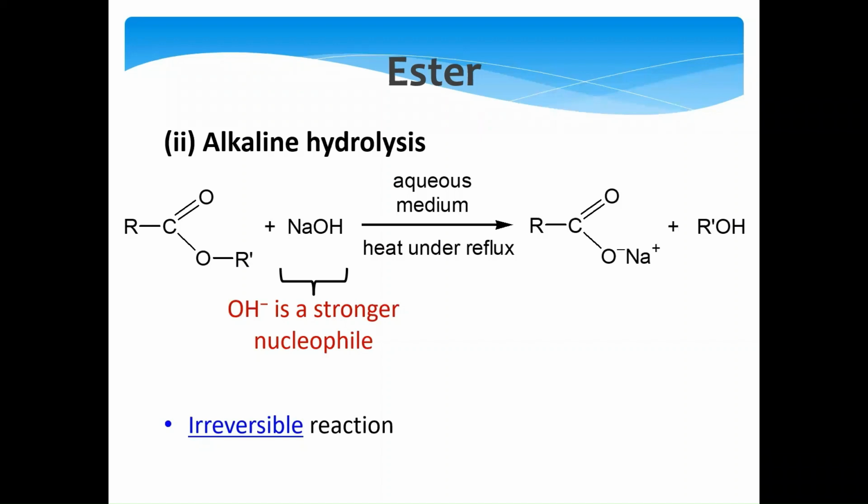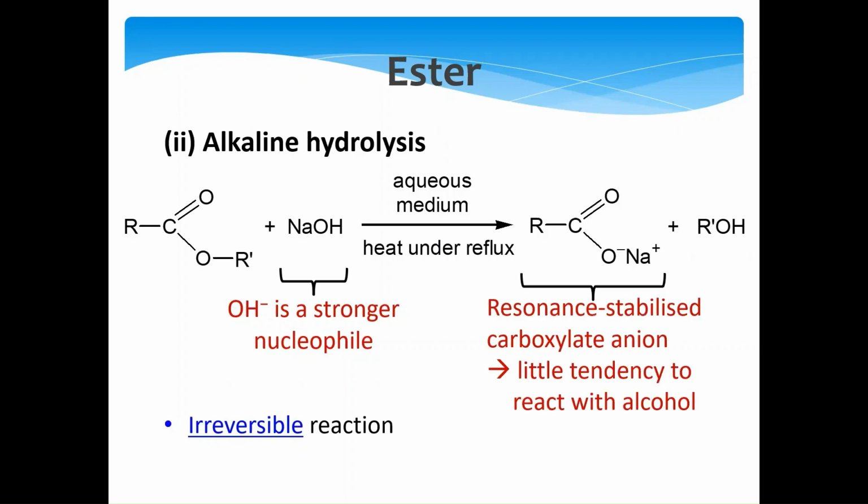OH- here is a stronger nucleophile in this hydrolysis, and the product that will form for alkaline hydrolysis is the carboxylate anion. Since it's resonance stabilized, there is little tendency to react with the alcohol. This reaction is also known as saponification because traditionally soaps were made from the alkaline hydrolysis of esters.